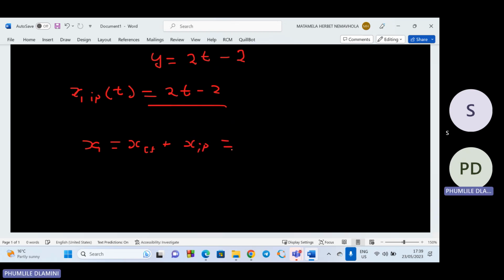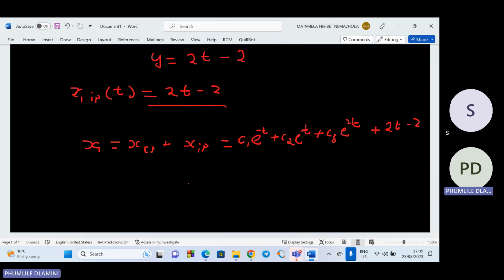Our xCF is going to be equal to C1 e to the power t, the way we wrote it, we started with e to the power t, plus C2 e to the power positive t, plus C3 e to the power 2t. Then for the particular integral, plus 2t minus 2.